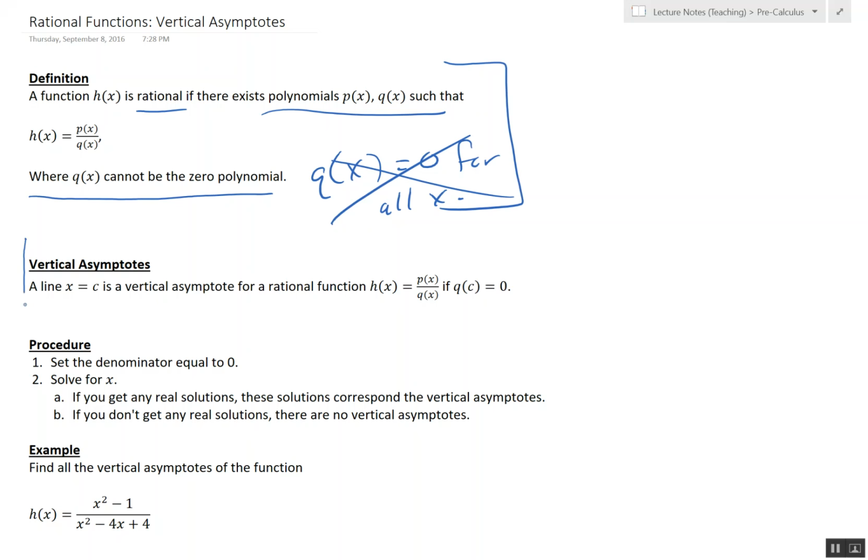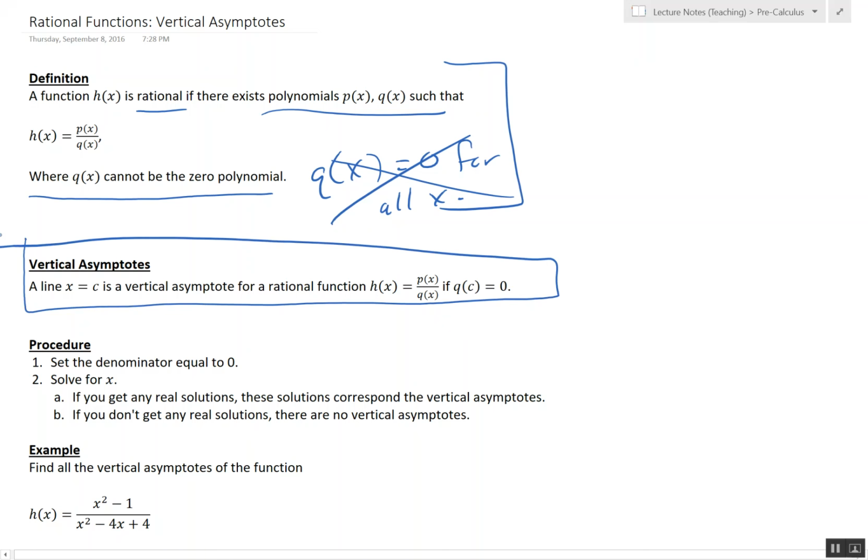So what is a vertical asymptote? Well, basically, a vertical asymptote is a vertical line, and they exist when the value c here makes the denominator equal to 0.